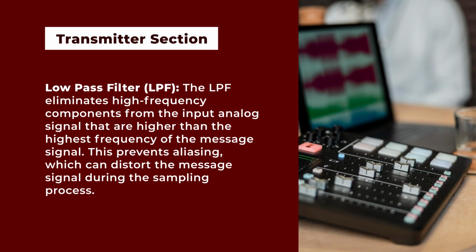The low pass filter eliminates high frequency components from the input analog signal that are higher than the highest frequency of the message signal. This prevents aliasing, which can distort the message signal during the sampling process.